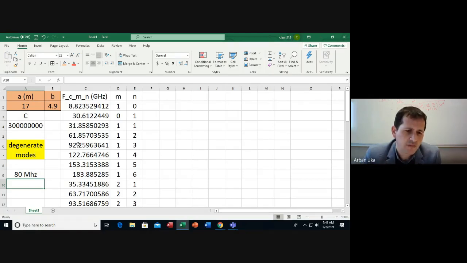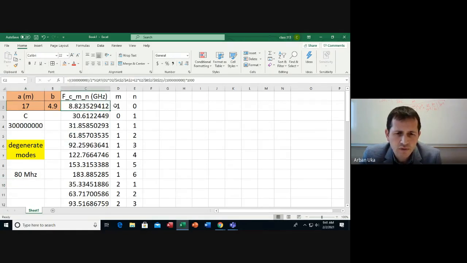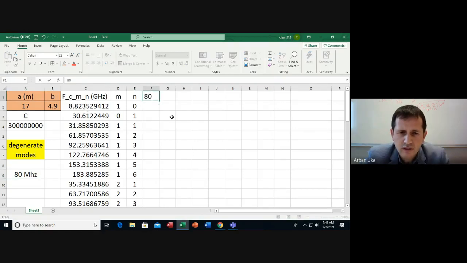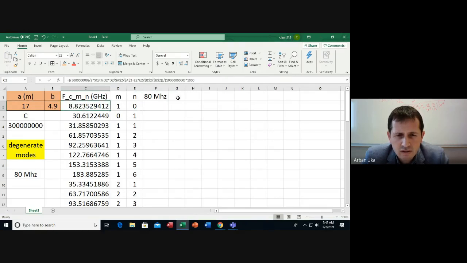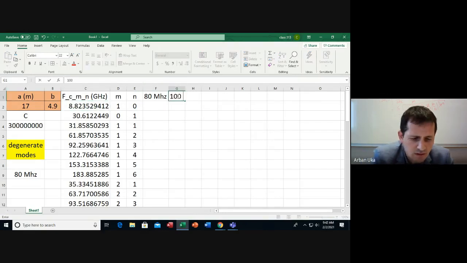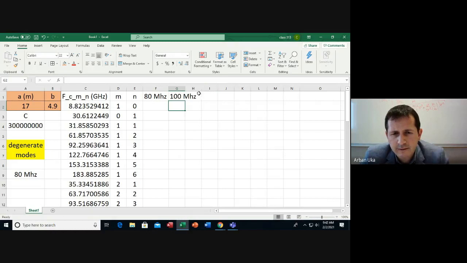So if we have 80 megahertz and we look at the mode 10, 01, the cutoff frequency is 8.8 and 30. Okay, so these are good. So let's put here 80 megahertz, and let's consider also 100 megahertz.